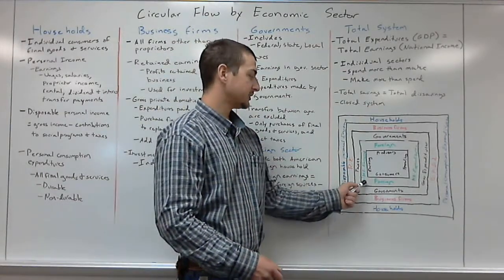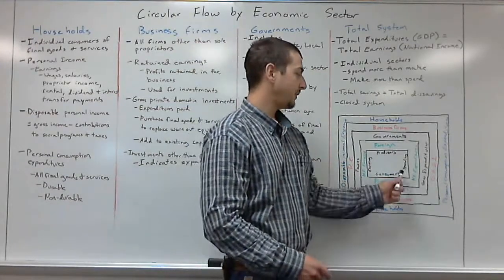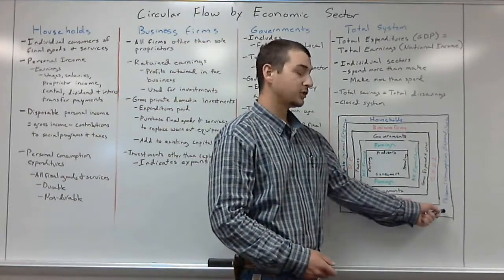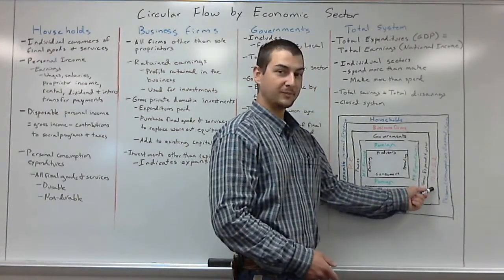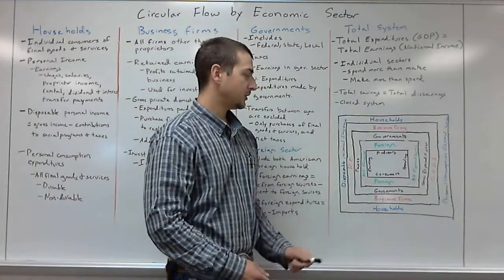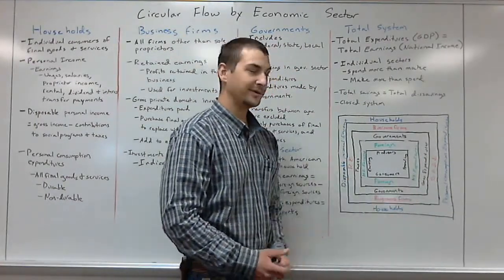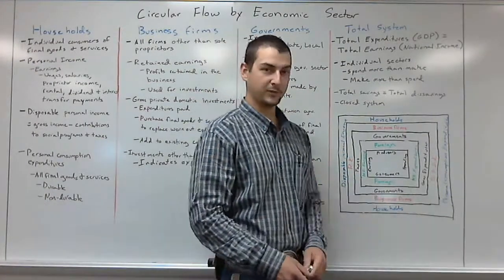Earnings for the foreign sector are your net foreign earnings. For spending, households have personal consumption expenditures. Business firms have gross private domestic investments. Governments have government expenditures. And the foreign sector has net foreign expenditures.